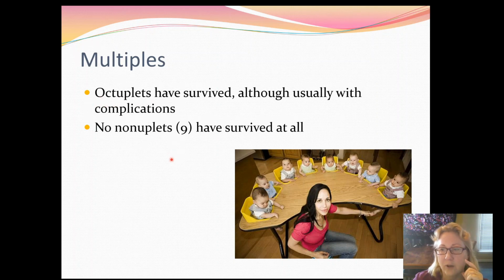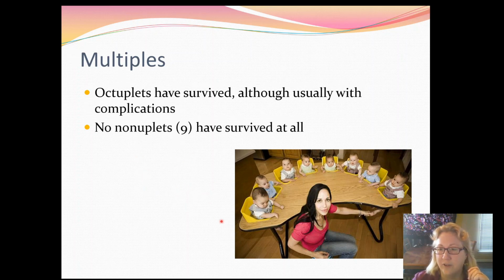So quadruplets and above, those pregnancies, unless it's not the first pregnancy for the woman, if it's her first pregnancy, usually the babies will be born way too early, even for our really good neonatal care that we have today, and none of them will survive at all. So even a twin pregnancy is considered very high risk because of the risk of very premature delivery, especially if it's the mom's first baby.